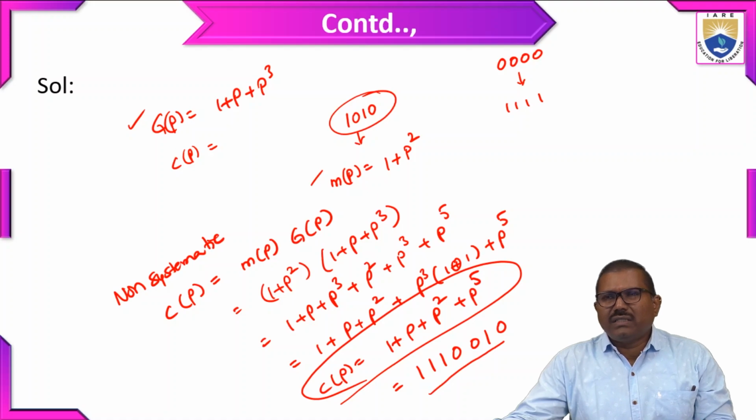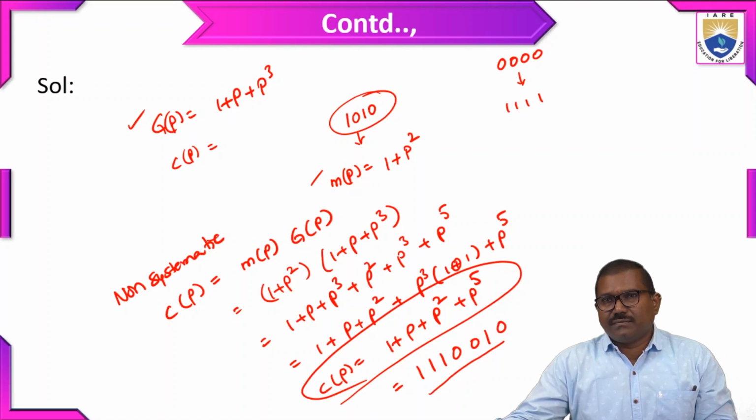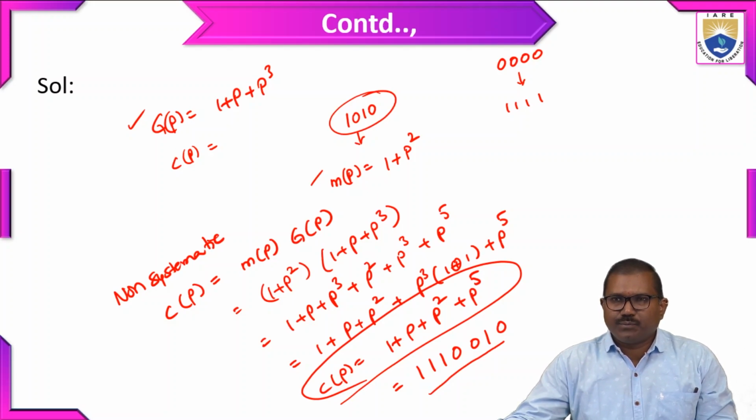But here we can't identify where the message is. So this is non-systematic. When you go for the systematic, again you can observe where the message is. That is the difference between non-systematic and systematic, but everyone prefers the systematic only.